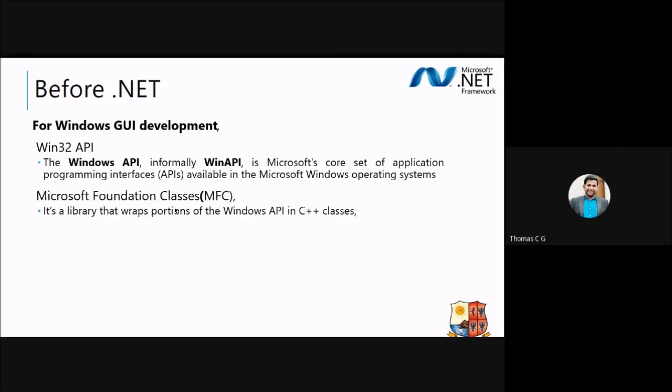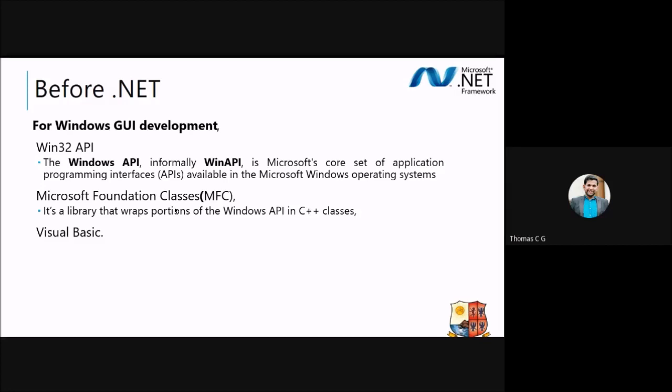Apart from that, they had something called MFC, Microsoft Foundation Classes, which is written in C++. And obviously, the most famous and attractive way of developing desktop applications was VB, Visual Basic. Please note, Visual Basic is right now owned by Microsoft, but BASIC, Beginners All-purpose Symbolic Instruction Code, that language was taken into Microsoft and they put a visual aspect to it and called it Visual Basic.